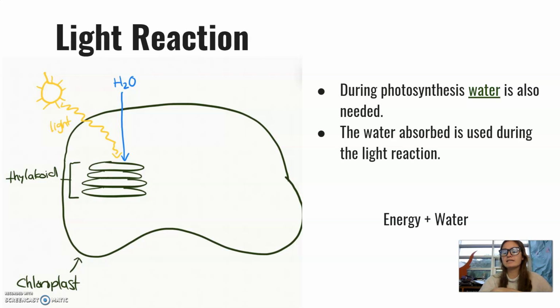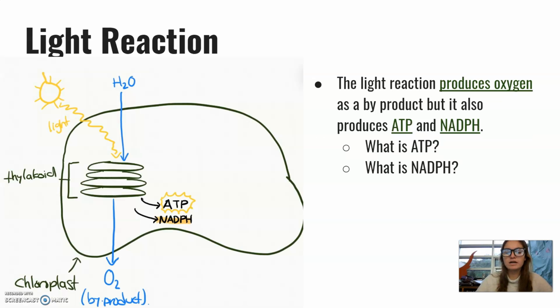Remember that water is being sucked into the plant through the roots. That water is in the soil and the roots are absorbing the water that way. So far we already have energy and water, and those are the reactants for the light reaction, and this is going to end up producing oxygen.